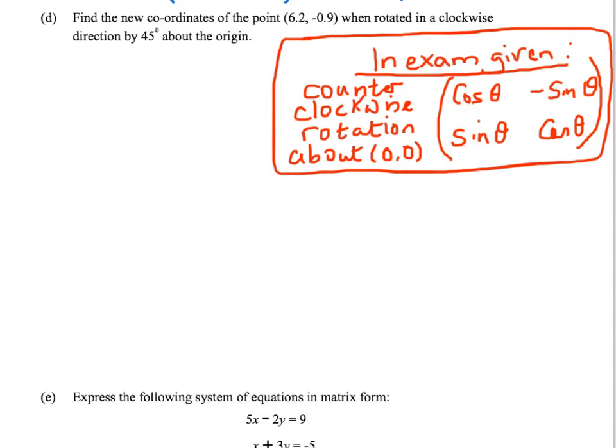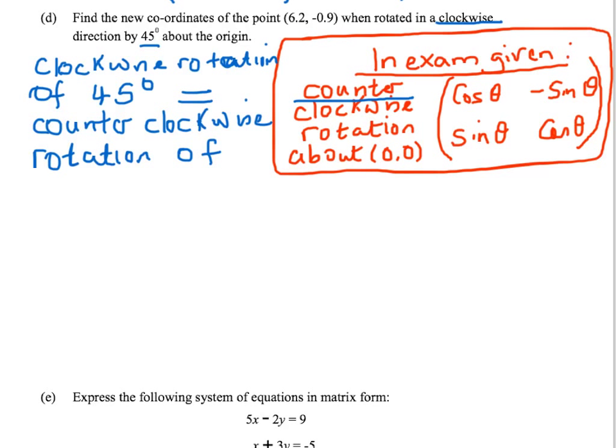In the exam, we're given this formula, and the formula is for a counterclockwise rotation. The question we're asked here is actually for a clockwise rotation, by 45 degrees. Now, a clockwise rotation of 45 degrees is equal to a counterclockwise rotation of 360 degrees, which is your complete revolution, minus the 45 degrees. So that is a counterclockwise rotation of 315 degrees.